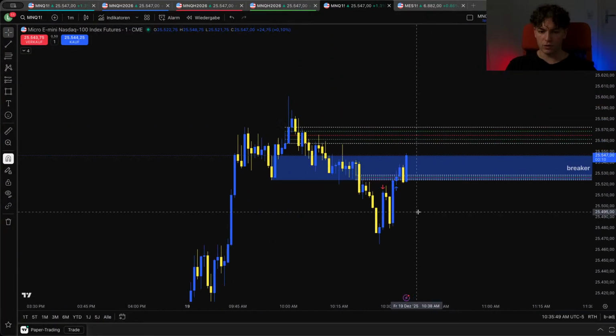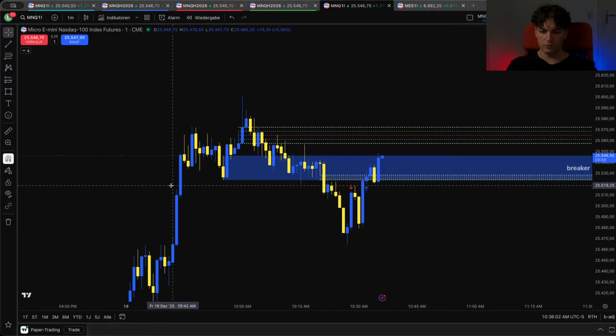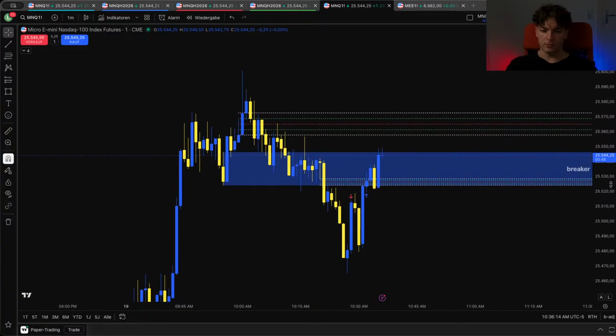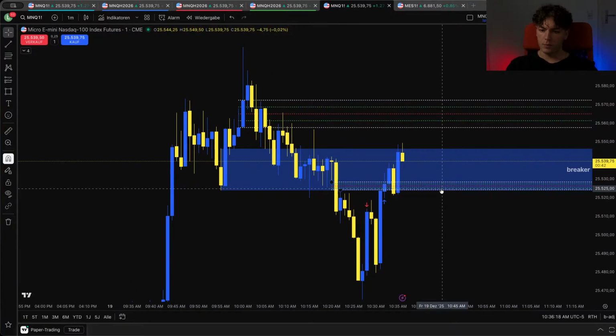So we tried to short after price was using this breaker and this volume imbalance and this order block. Traded down lower below this inverse fair value gap. I entered on this fair value gap, stop loss above this order block, stopped out in here. I mean, bro, I'm happy.